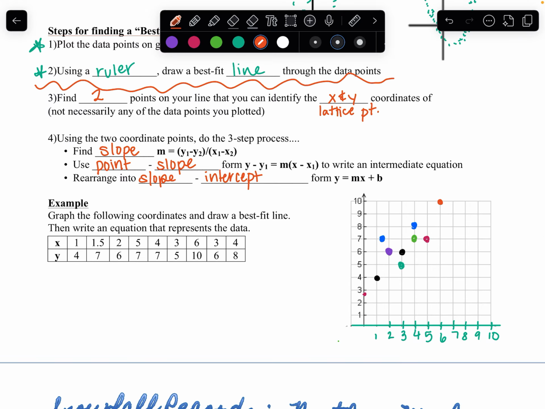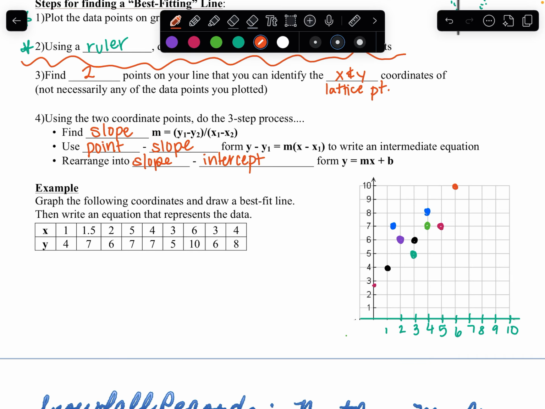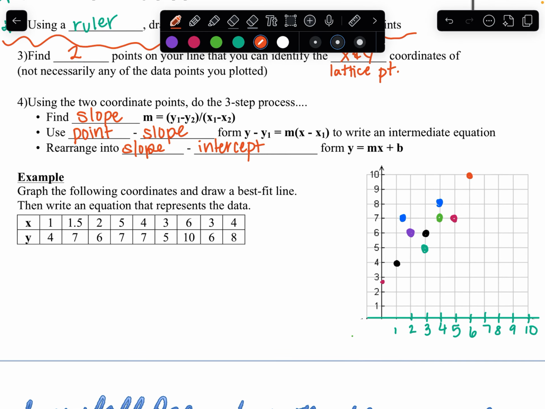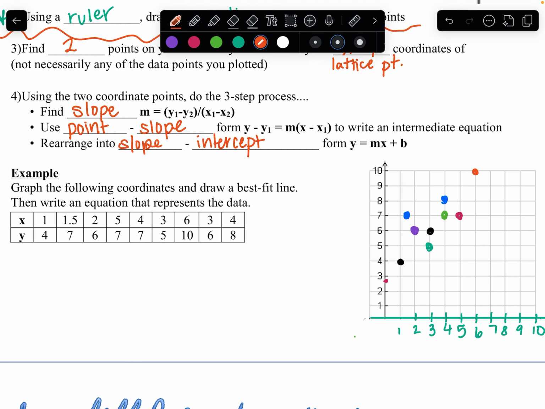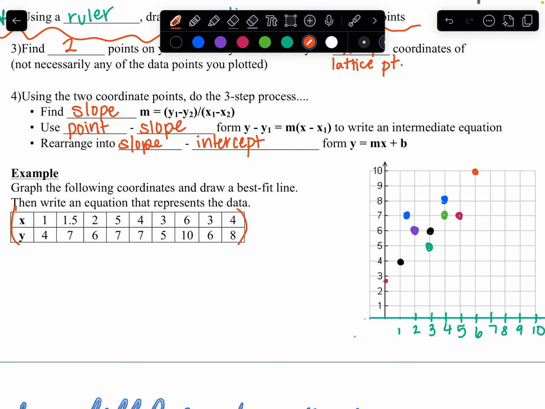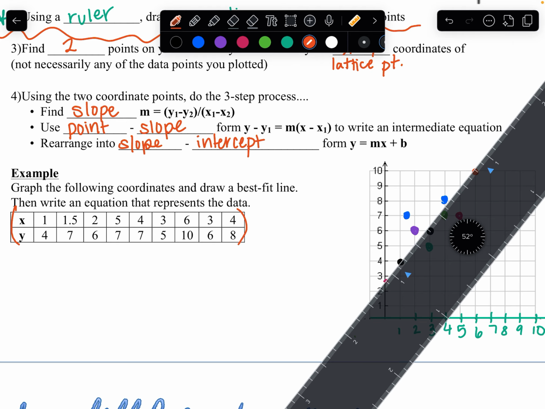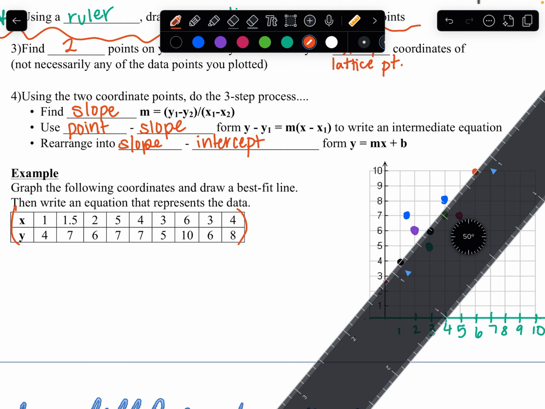So we're going to graph the following coordinates and draw a line of best fit. I would suggest that you pause the video so you can copy the data points down. All we're doing is taking this and graphing it over in this area. I did draw in a new x-axis because it got printed weird. So how we draw in our line of best fit is we take our ruler and just put it in the middle of all of our data.